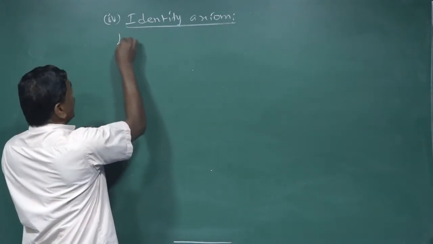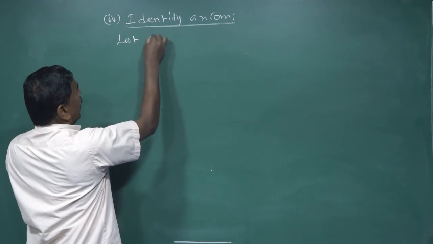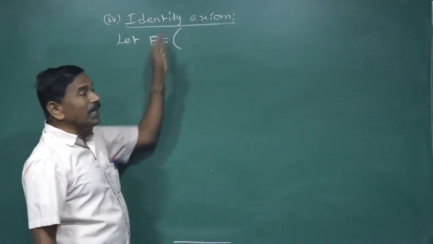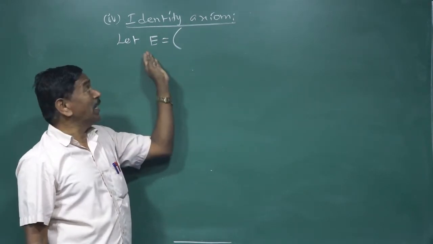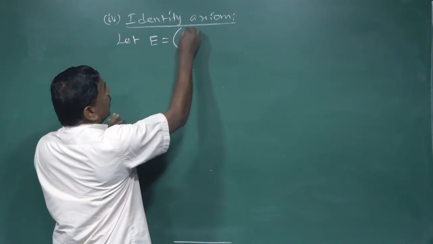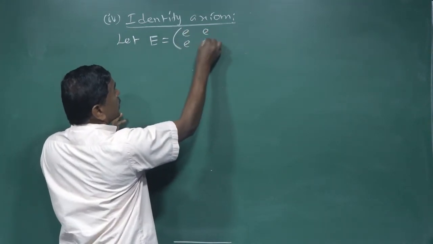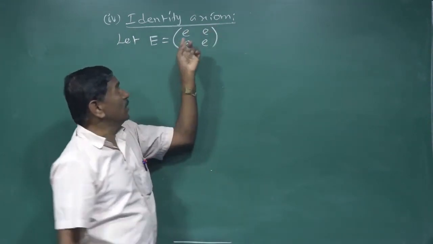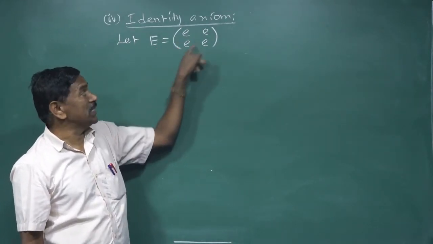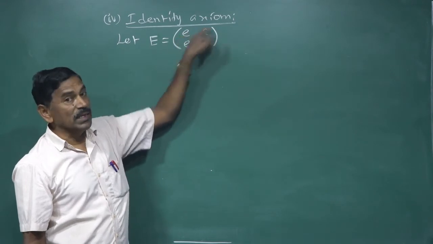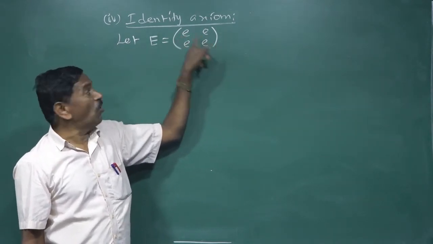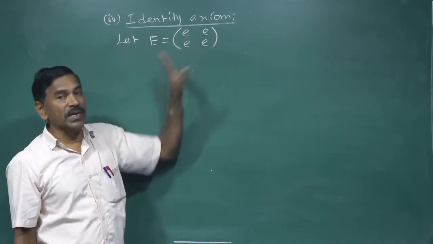For that, let capital E be the identity element. Let capital E matrix be the identity element, with entries small e, small e, small e, small e. Because M is a set whose elements are of the form x, x, x, x, that is a 2 by 2 matrix with all entries the same, that is a given condition.